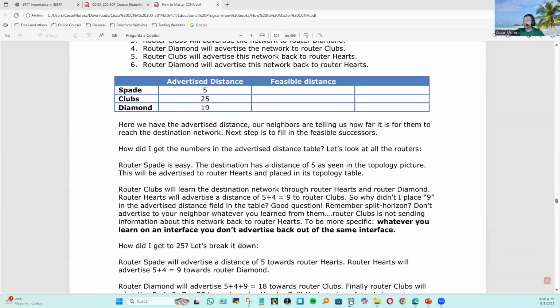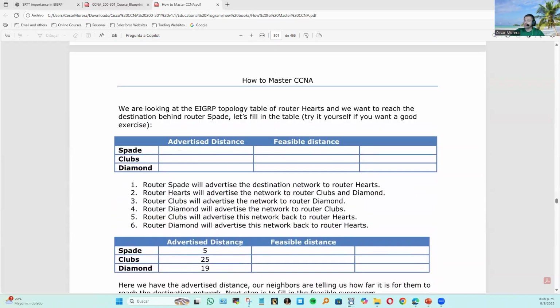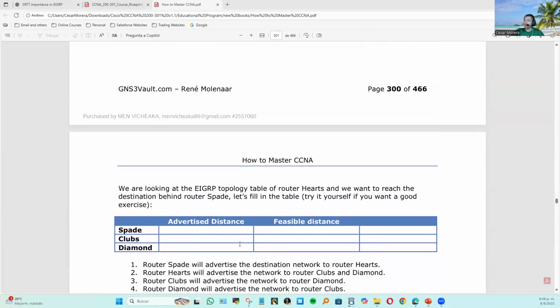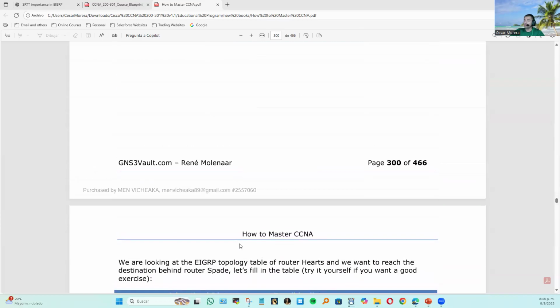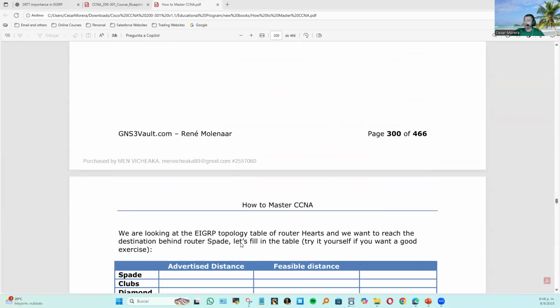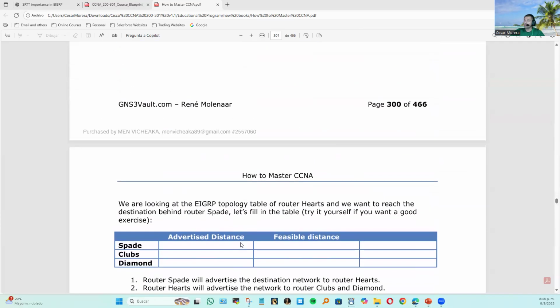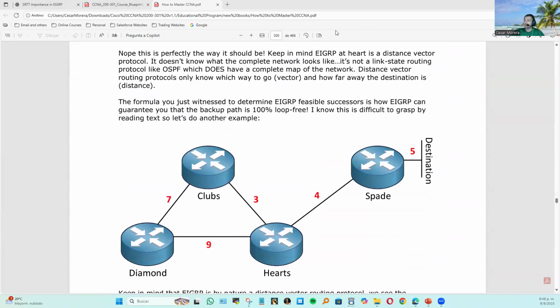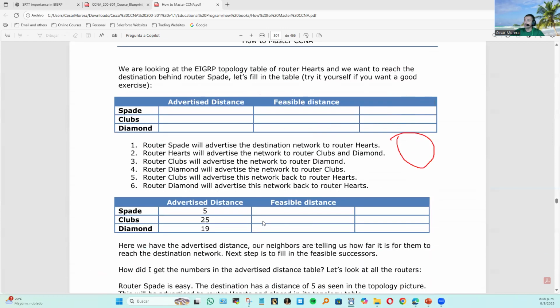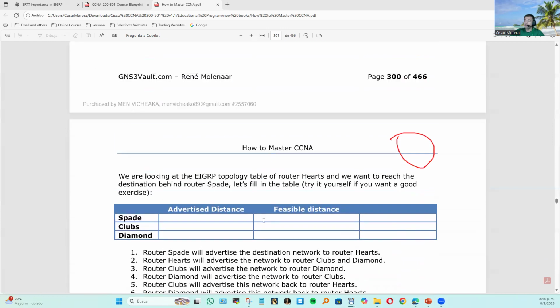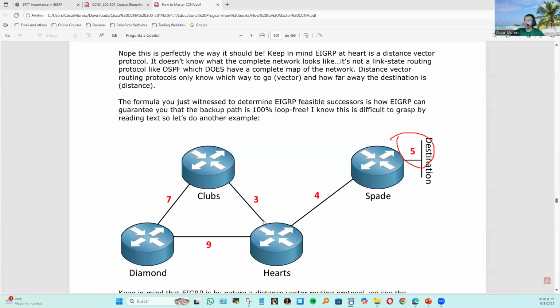The advertised distance is 5, 25, and 19 for those. We have 5 for spade, right here. Then what else do we have? We have 25 for clubs. Where does that 25 for clubs come from? That's the big question.